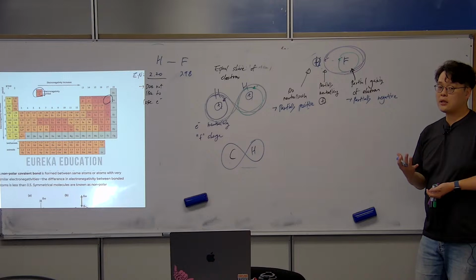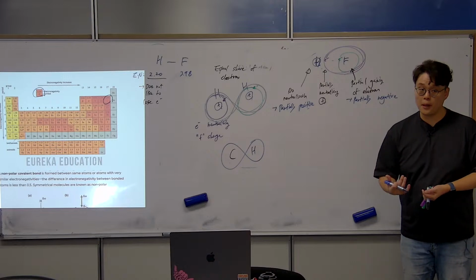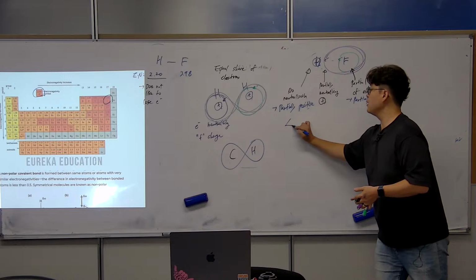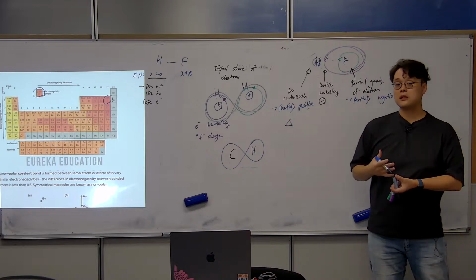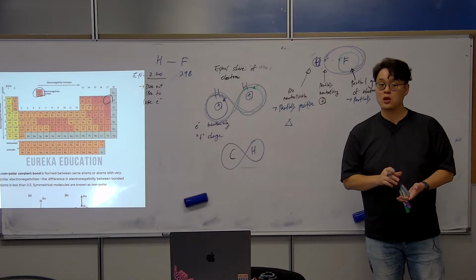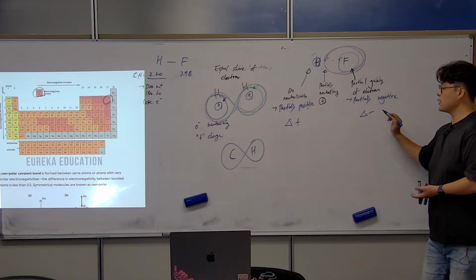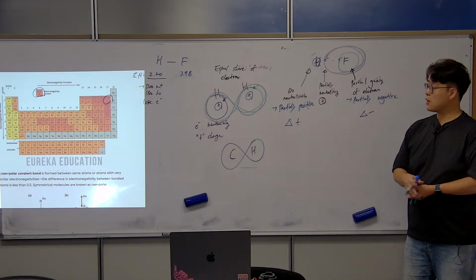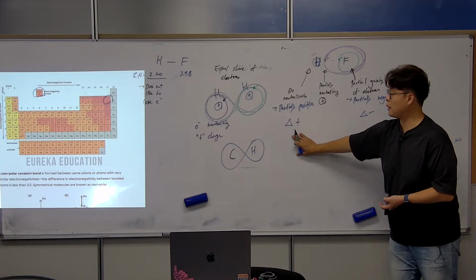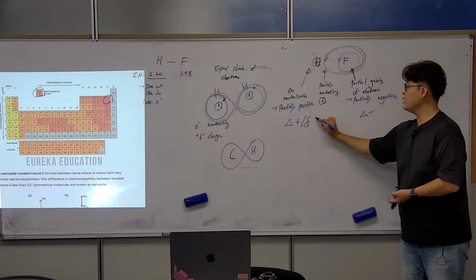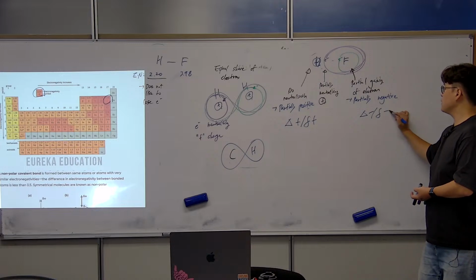The way we can describe the partial positive and partial negative is, in some cases, we're using that delta, okay? Delta means a difference between one to another. We commonly use delta positive, delta negative like this. But instead of using the triangle, you'll probably start to see the delta as in a lowercase Greek delta, positive or negative like this.